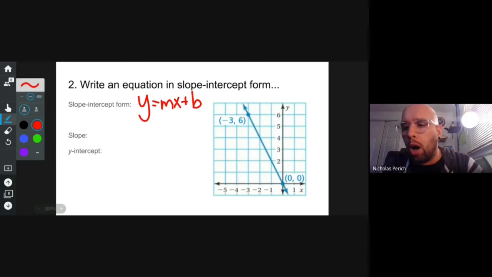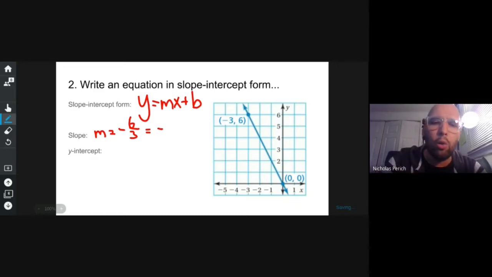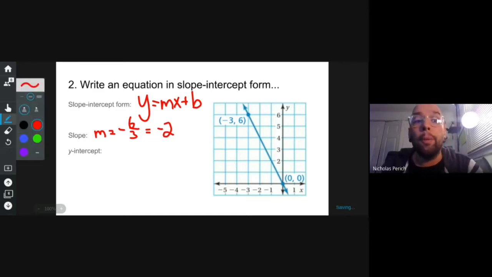It's a negative slope. And I'm going to go up 1, 2, 3, 4, 5, 6 over 1, 2, 3. So my slope is negative 6 over 3. 6 divided by 3, I know what that is. That's negative 2. Good.